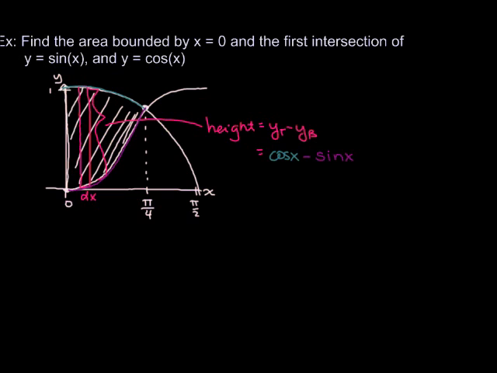Okay, and that will give us the height of each rectangle. Okay, so now plugging in for area. The area is going to be the sum of all rectangles, so that's the integral from 0 to pi over 4 of the height of our rectangles, which was cosine of x minus sine of x, times the length of the base of our rectangle, dx.